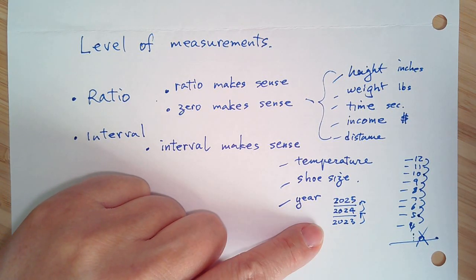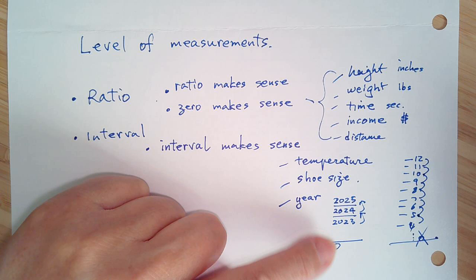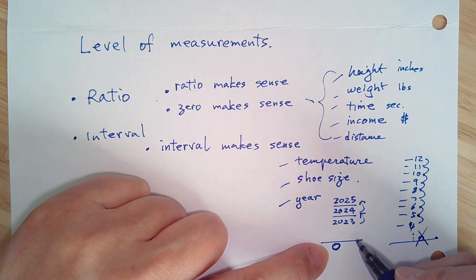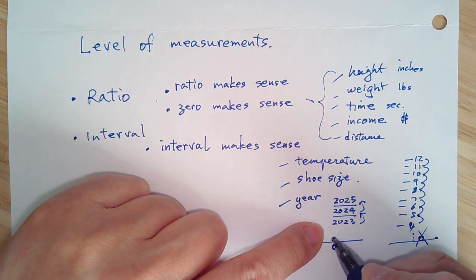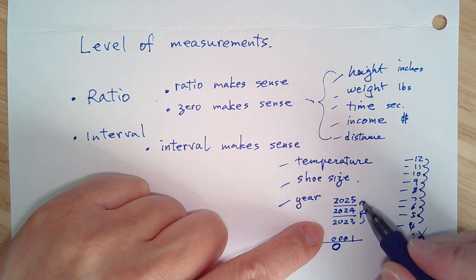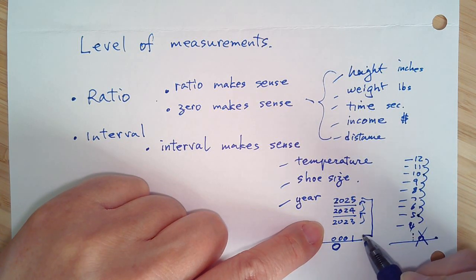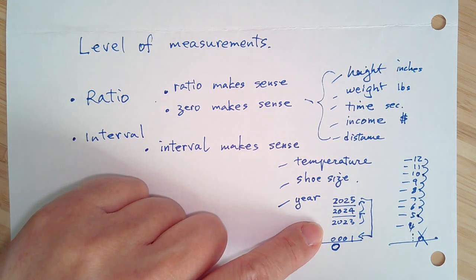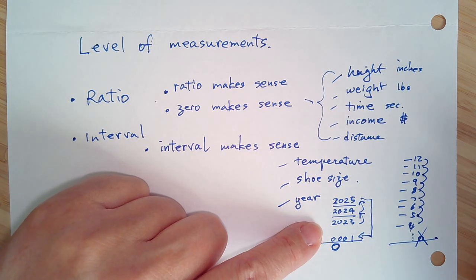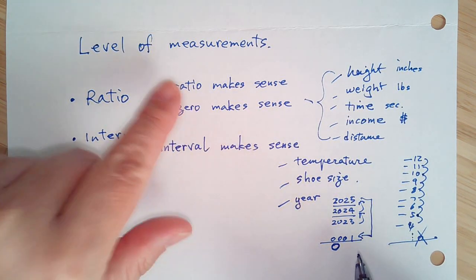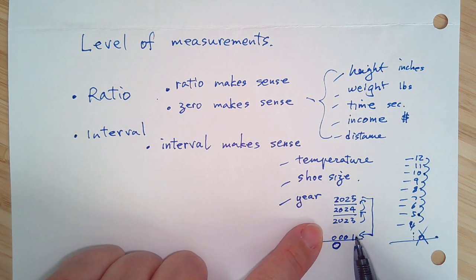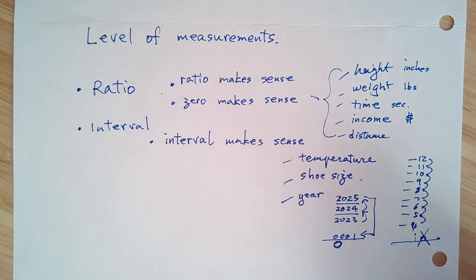So the interval makes sense. However, this 0 doesn't mean there's no year, it just doesn't really have the actual meaning here. And also ratio doesn't make sense because the year 2025 is not this many times as much as that one. The year 2000 is not twice as good or twice as long or twice as much as the year 1000 AD. So therefore ratio doesn't make sense and the 0 doesn't make sense. And the year, the way we call that is a very good example of the interval data.